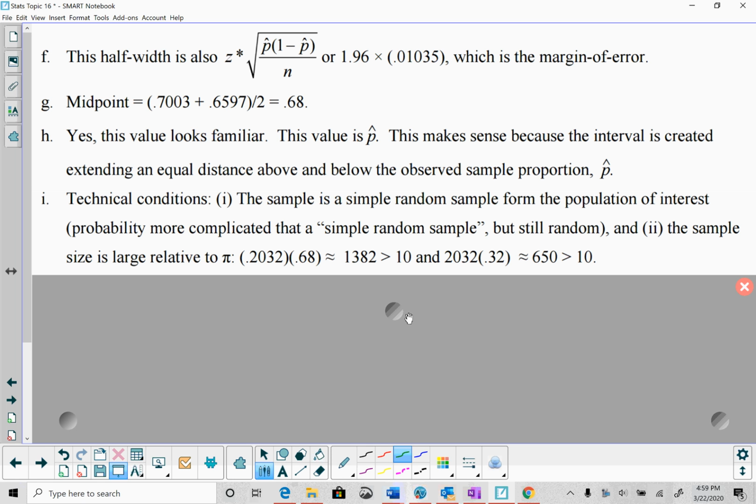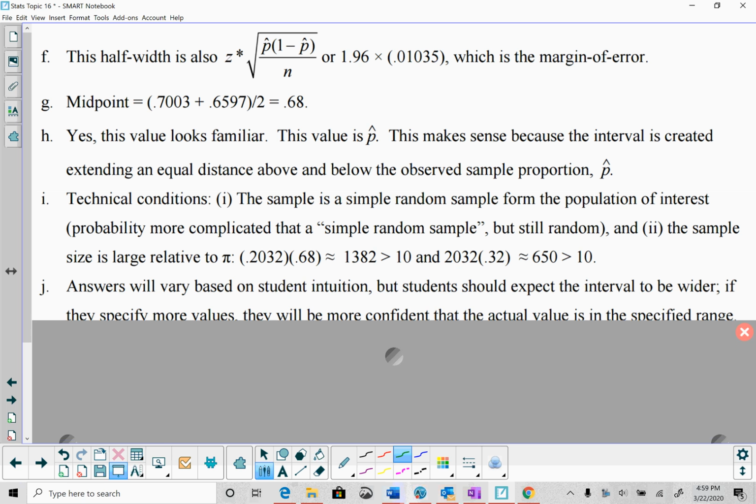For part J, this is an opinion question here, how would you expect a 99% confidence interval to differ from the one that we have here, the 95% confidence interval? Now again, answers may vary. Hopefully you're thinking it's going to be wider, so it's going to include more values so we can be more confident that the actual value is in that range.